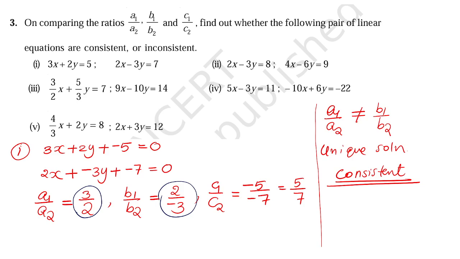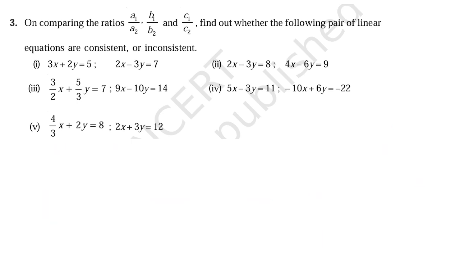Okay. This is the second question. Let me write in the standard form. 2x minus 3y, which is actually plus minus 3y. Why?